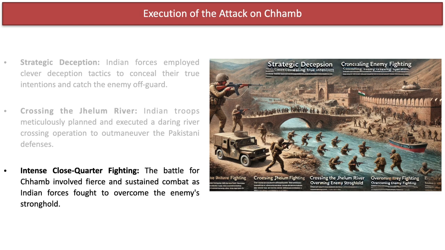The Pakistani forces had dug in deep, creating a formidable network of bunkers, trenches, and fortified positions. They were prepared to defend Chhamb at all costs, and they had the advantage of the terrain. And for Indian forces, this meant engaging the enemy in their stronghold, often fighting at point-blank range. The fighting was intense and relentless. Indian soldiers had to clear bunkers one by one, often using grenades and bayonets in the close quarter combat.